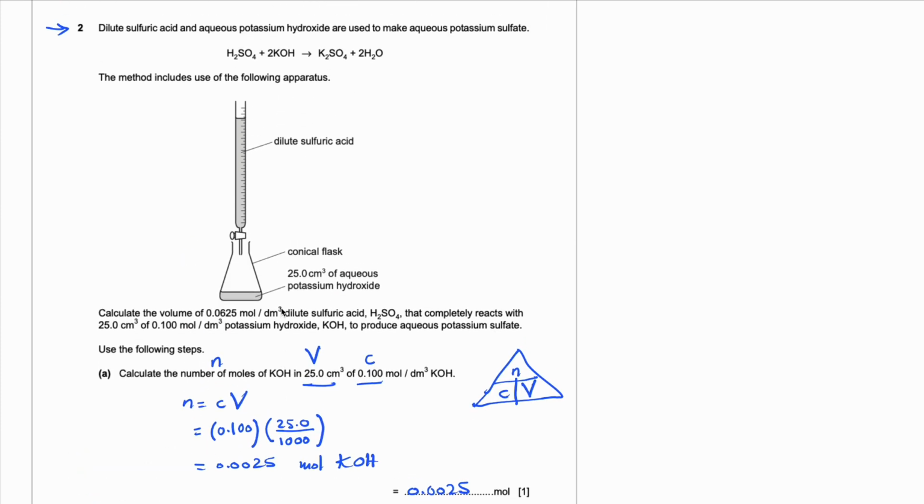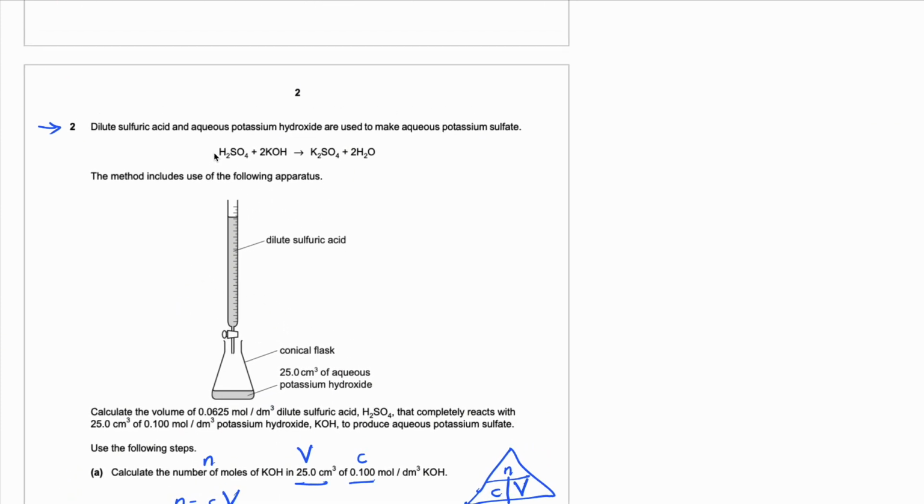B. Deduce the number of moles of sulfuric acid that reacts with potassium hydroxide. Now, according to the balanced chemical equation, the ratio between sulfuric acid and potassium hydroxide is 1:2. So for each 1 mole of sulfuric acid, you need 2 moles of potassium hydroxide. So always potassium hydroxide is double the amount of sulfuric acid. So if you have 2 potassium hydroxide, you need just half of it, which is 1.